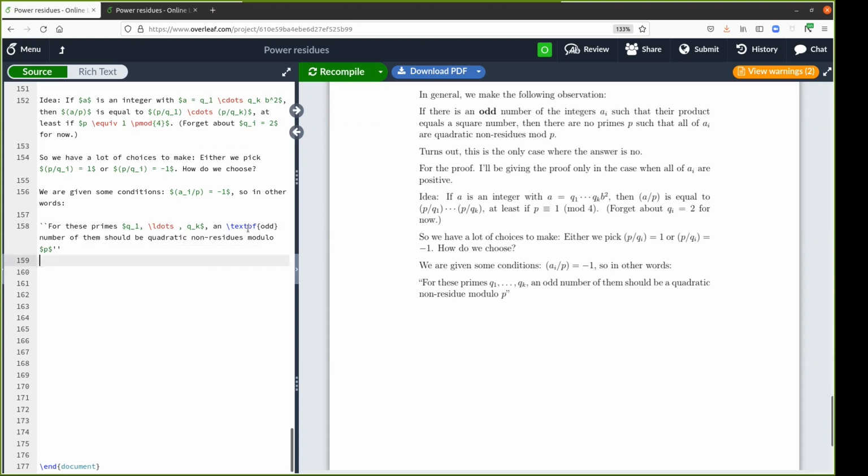Okay, so the idea is that we can think of this as a system of linear equations modulo 2. And that's the main idea.